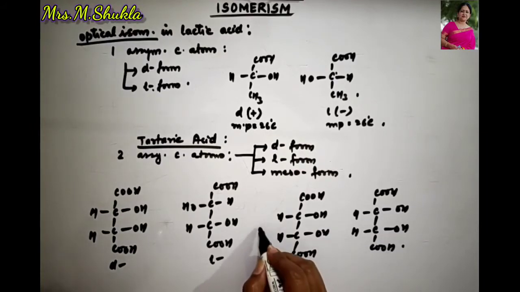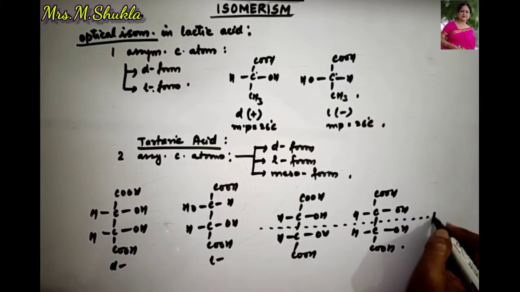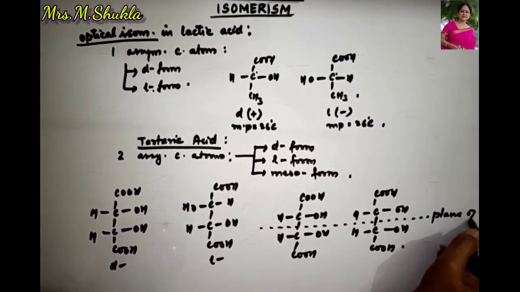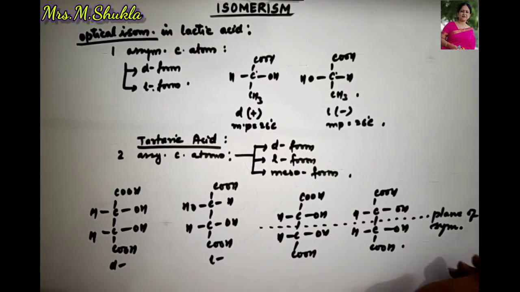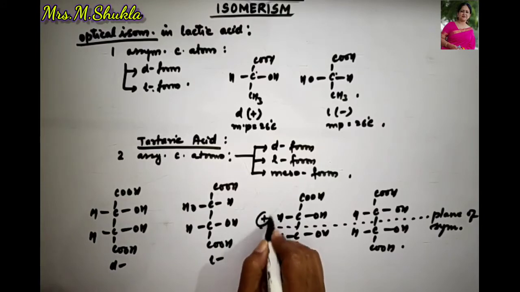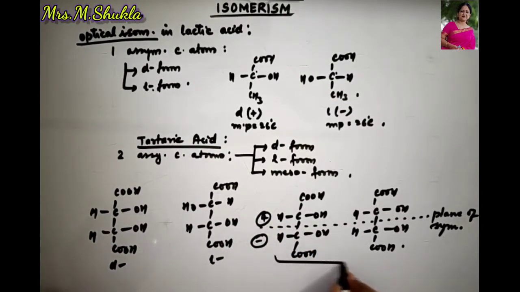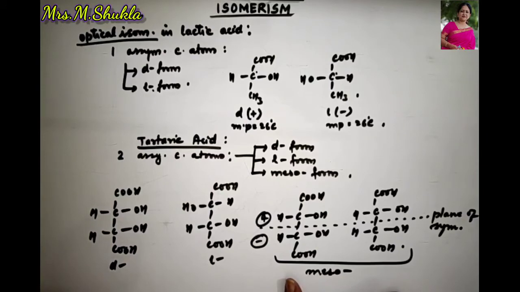So over here we will see this. This is your plane of symmetry, right? That is the zero net rotation you are going to see, plus and minus over here. Okay. And this shows your meso tartaric acid, or superimposable meso tartaric acid.